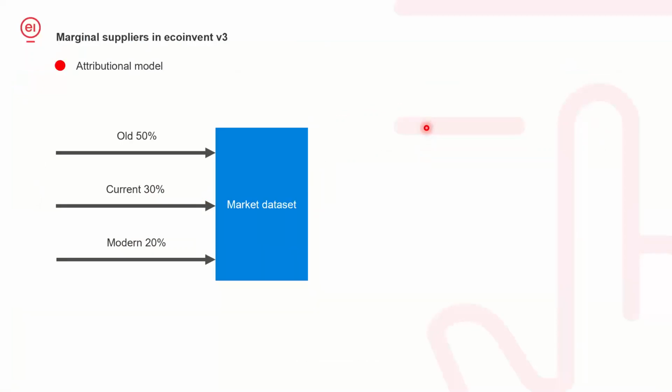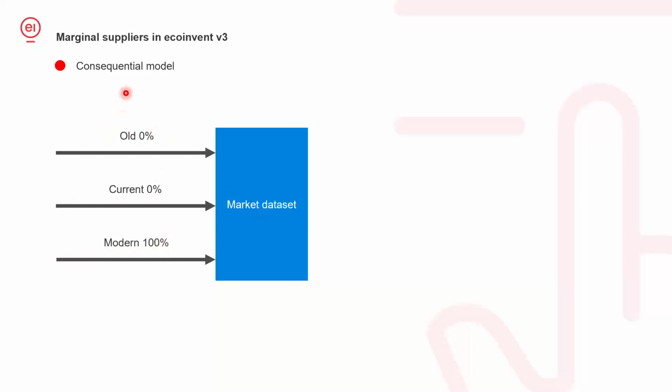And this would be translated in the following way. If we have a market dataset in the attributional system models, we have supply from all possible producers. Here, for example, we have an old technology supplying 50% of the market, current technology 30%, and modern 20%.